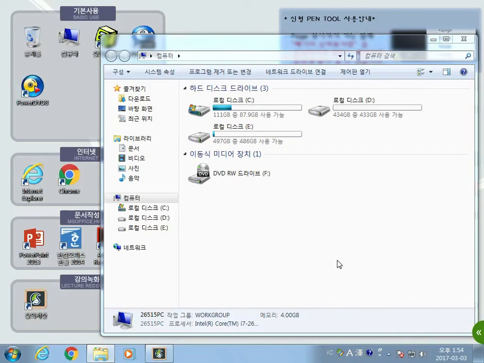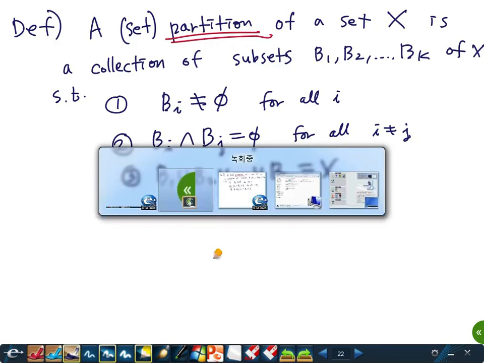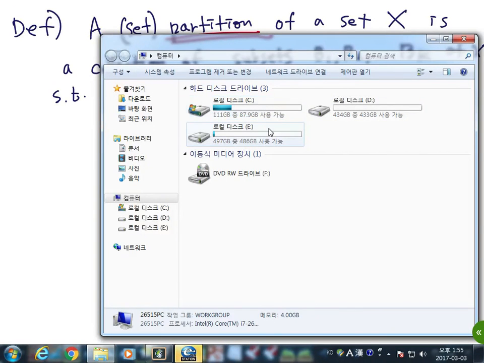They partitioned this physical hard drive into 3 parts, right? When you partition your hard drive, you want to have some properties. They are exactly these. Let's go back to these slides again. Suppose you have C, D, and E, 3 drives. Think of these as B1, B2, B3.